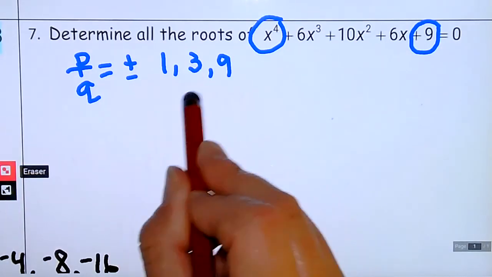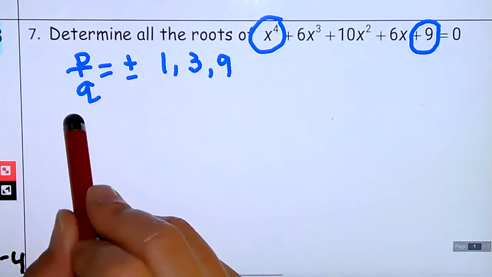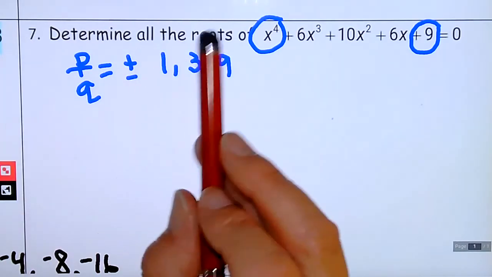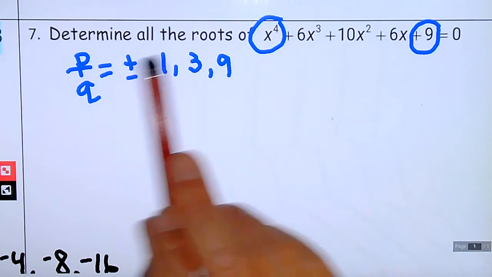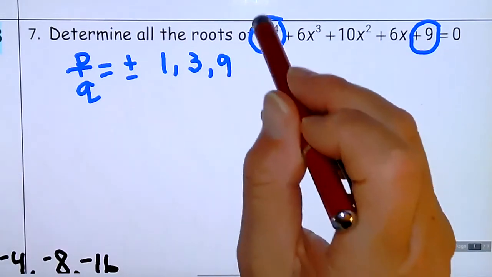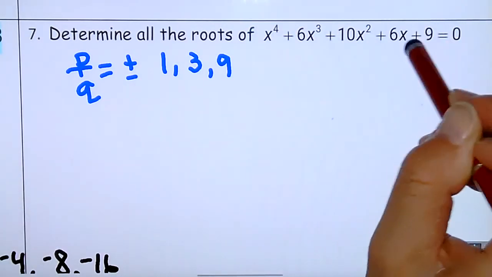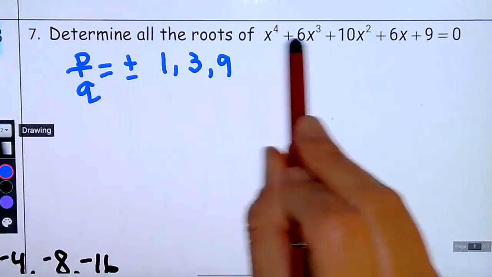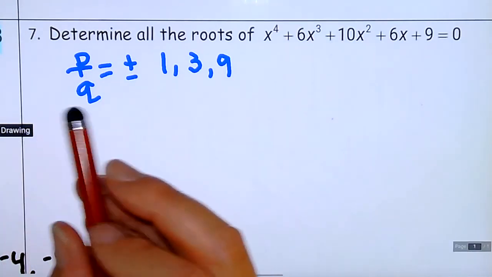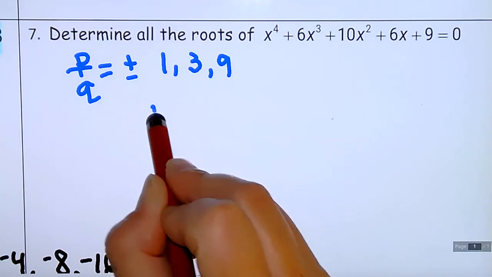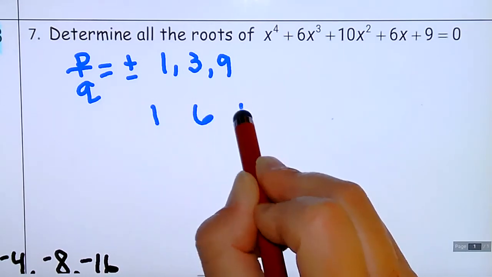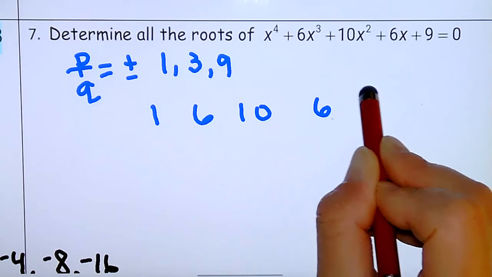So I'm just going to leave it like that. And these are the ones I'm going to try. Now, I said I'm not going to try the positives because this is not going to cancel anything out if these are all positives. So I'm going to do 1, 6, 10, 6, 9.